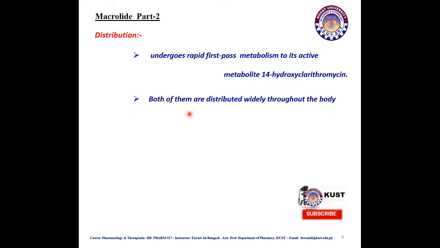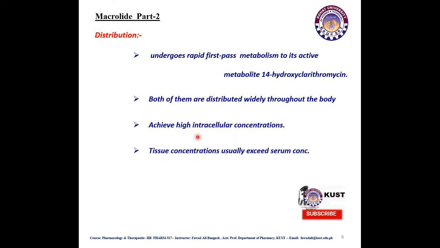Both of them are distributed widely throughout the body and achieve a high intracellular concentration, both erythromycin and its active metabolite produced as the result of first pass metabolism, 14-hydroxy erythromycin. Tissue concentration usually exceeds the serum concentration.